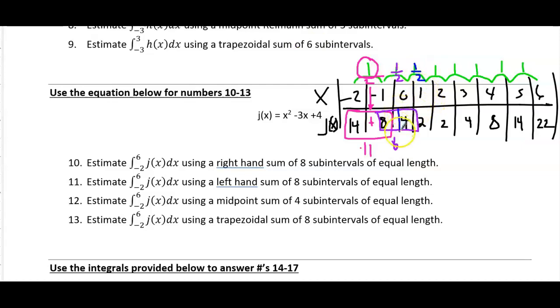Take your next pair of bases, 4 and 2, add those together and multiply by a half. 4 plus 2 is 6, multiplied by a half is 3. Next height is 1, so divide that by 2. My next pair of bases are 2 and 2. Add those up, which is 4. Multiply it by half the height, which is 2. And so on.